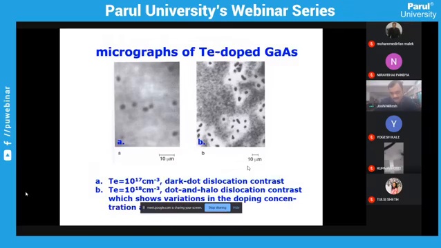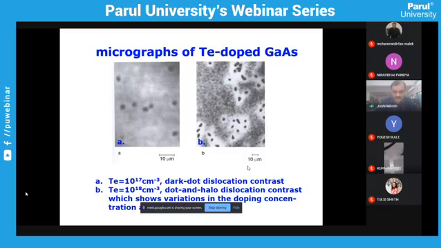I have a large number of images over here, so we can go quickly one by one. This is a micrograph of terbium doped gallium arsenide. The first one was taken without doping, and the next one was taken with doping.